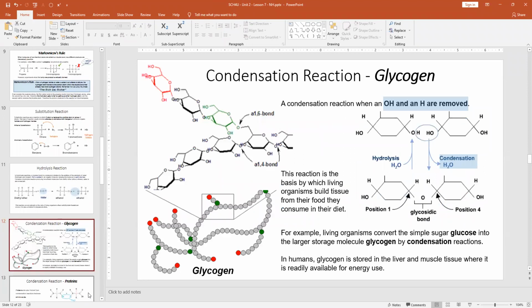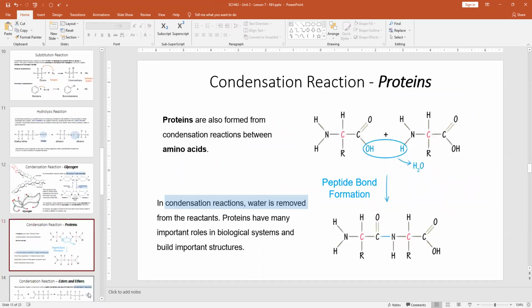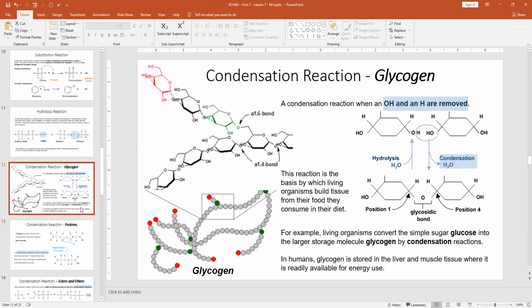Then we talked about condensation reactions and how they were important in the formation of glycogen and also protein. And I talked to you about how condensation reactions are the opposite of hydrolysis reactions, where in a hydrolysis reaction, water is used to break a bond and give rise to 2 products.